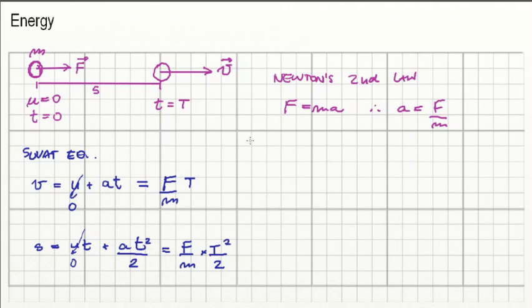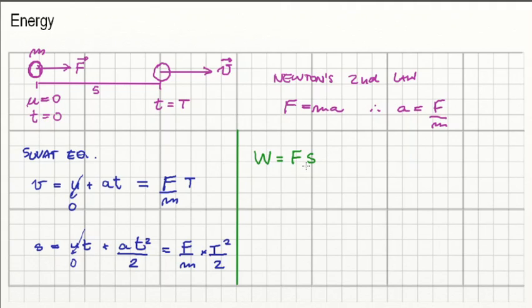Now we just have to go for our work equation. Work is force times displacement. In this problem, displacement and the force are aligned, so the cosine between them is 1.